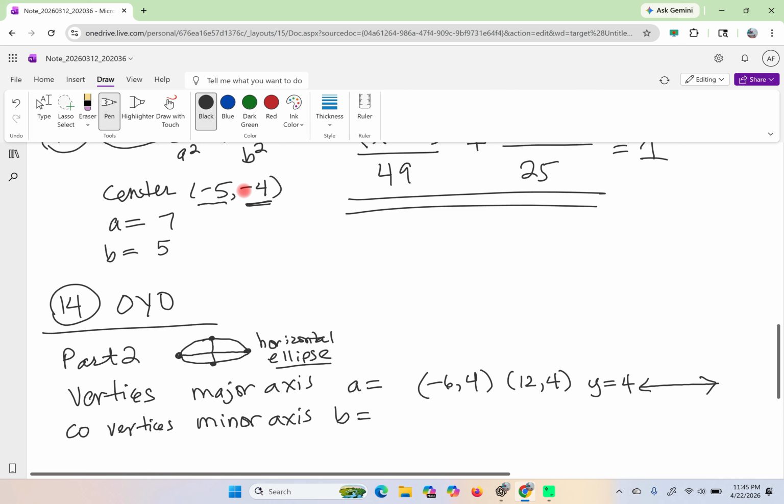And co-vertices is our minor axis, and those are at 3, 12, and 3, -4. So the x values are the same. So x is equal to 3.